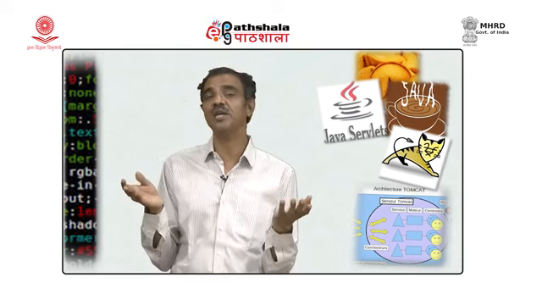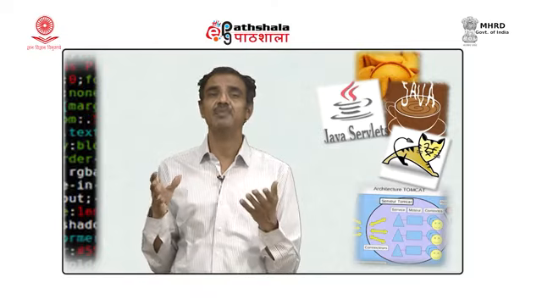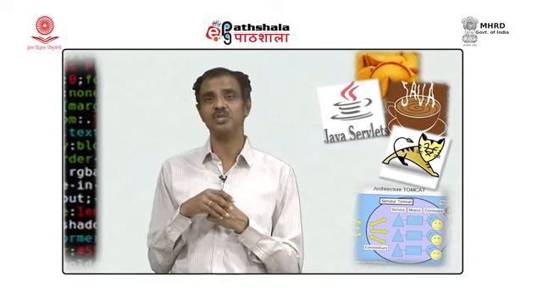What are the other things? Very commonly we would like to use the configuration object. Maybe we have someone configuring our JSP as a servlet, giving it a servlet name and giving some init parameters. We might be interested in knowing those init parameters.